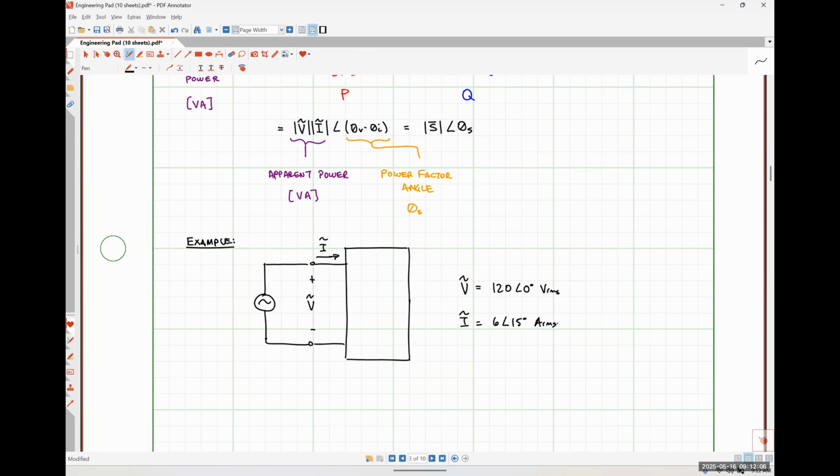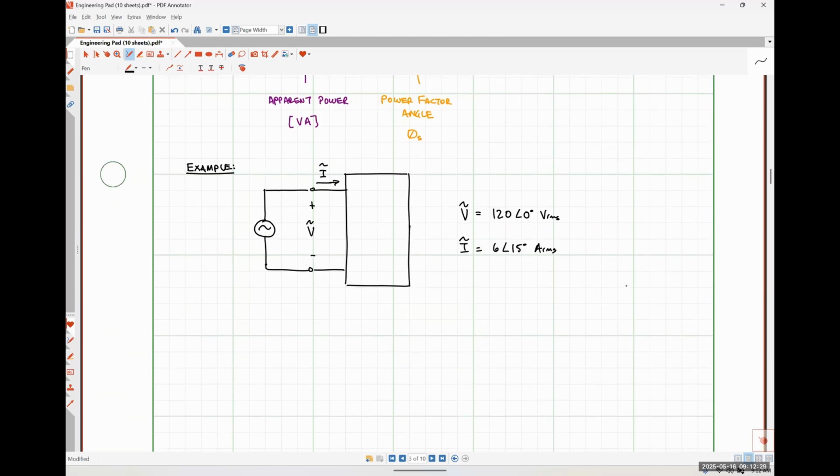So this load right here would be something akin to a ceiling fan based on that current value, okay? If we can calculate the complex power using our calculators by simply correctly multiplying those two numbers together, we can take from that any possible thing that we want, okay?